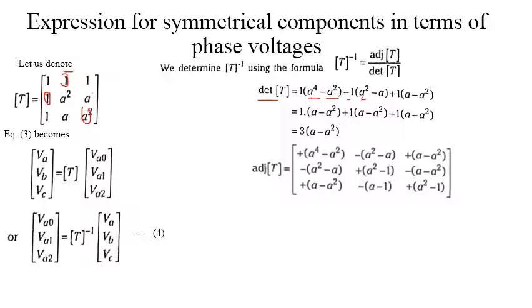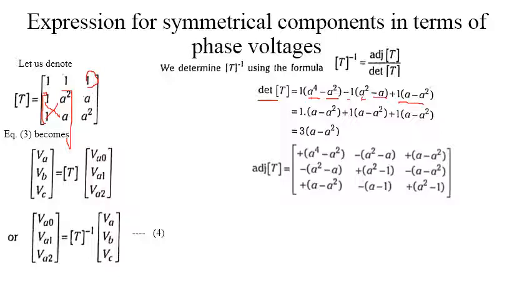Then it is 1 into A, which is nothing but A. Similarly we have to calculate for this term, considering this part of the matrix. Here 1 into A is A, and 1 into A square, so we get minus A square.